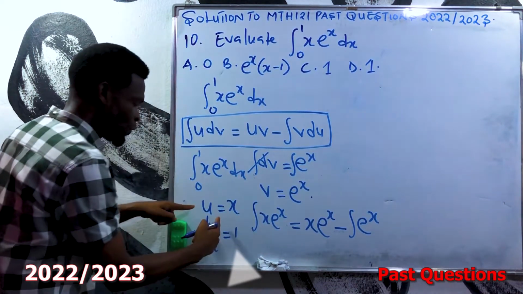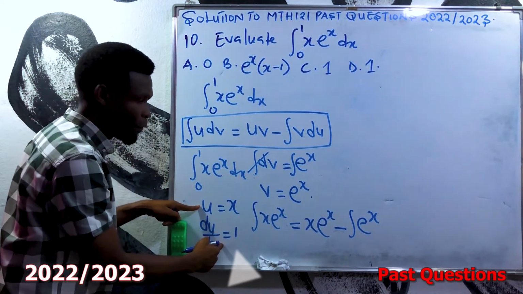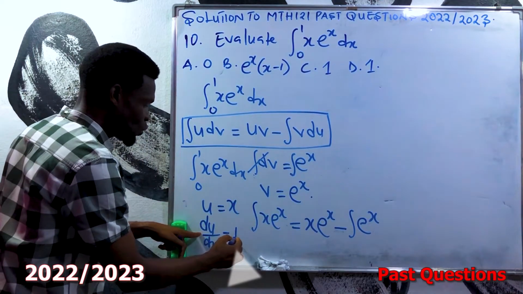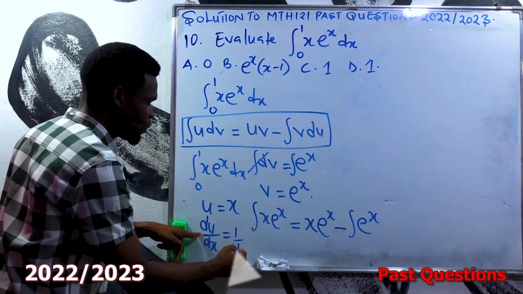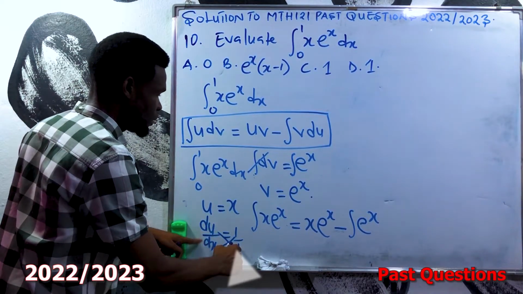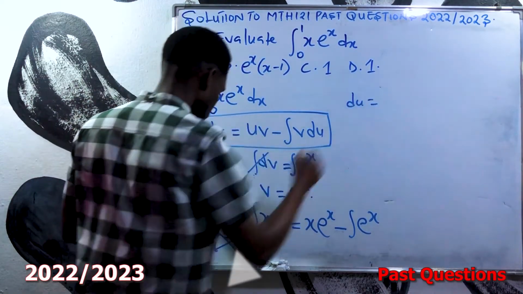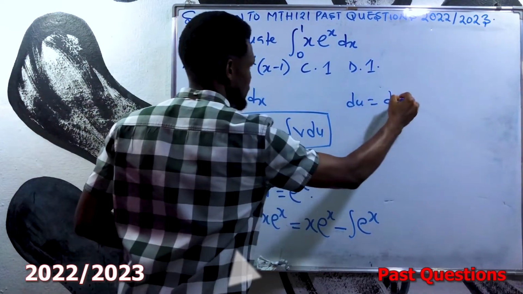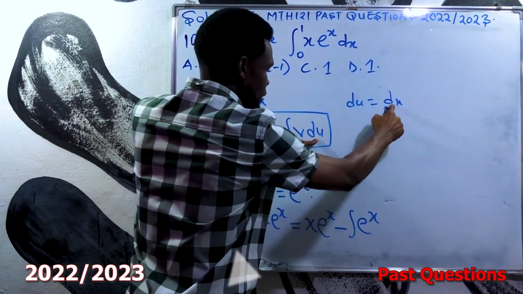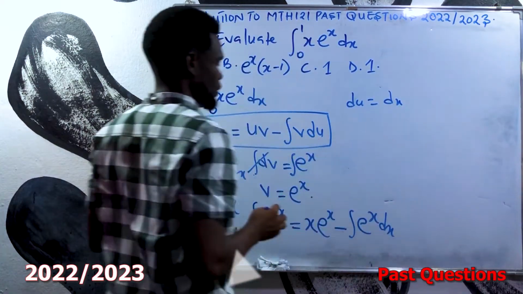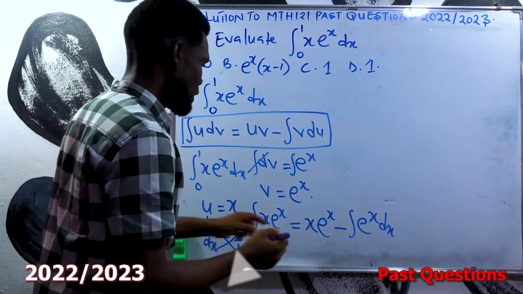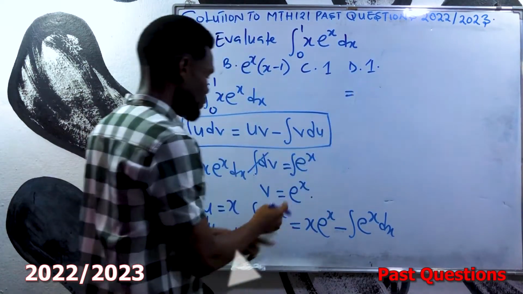You go to your differential here and get your value of du, so you can put it here. So du/dx is equal to 1. If I write this over 1, I cross multiply. du times 1 is du, equal to 1 times dx, which is dx. So now, in the place of du, I will bring in dx. Look at it here, dx. So I don't have a problem with this now.